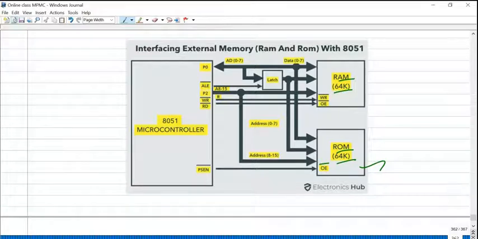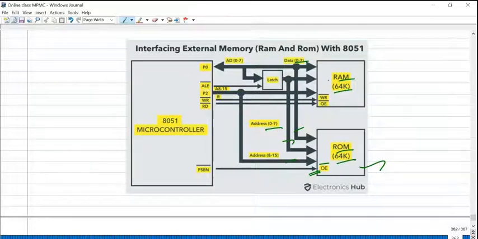A8 to A15 are dedicated address lines. After the latch output, your A0 to A7 address lines. For carrying the data, D0 to D7. So data lines, address lines, and program store enable are equivalent to reading the information from ROM memory.